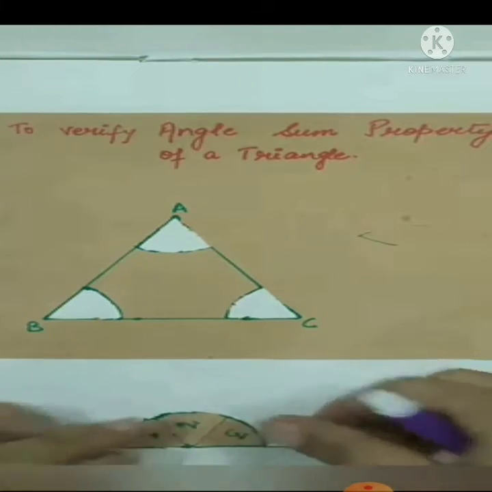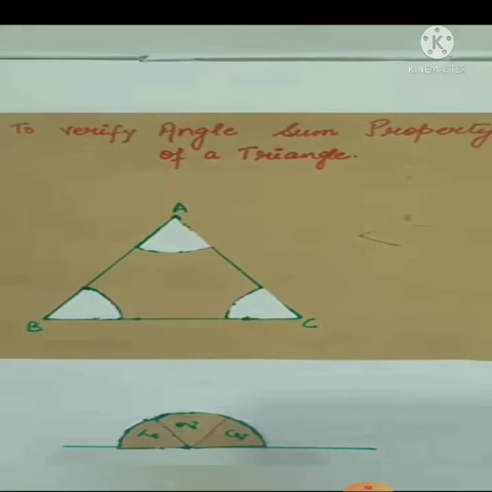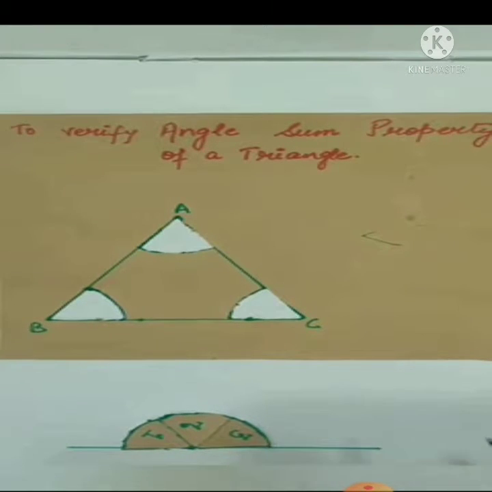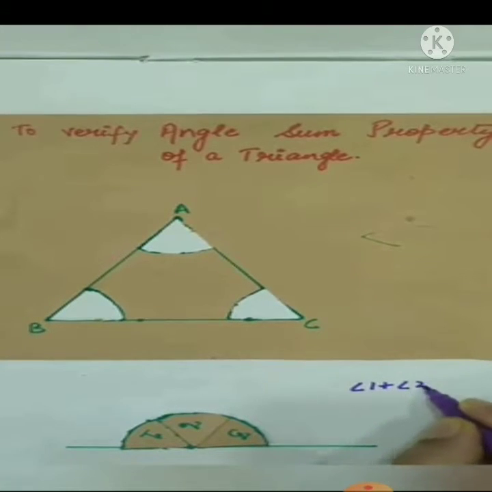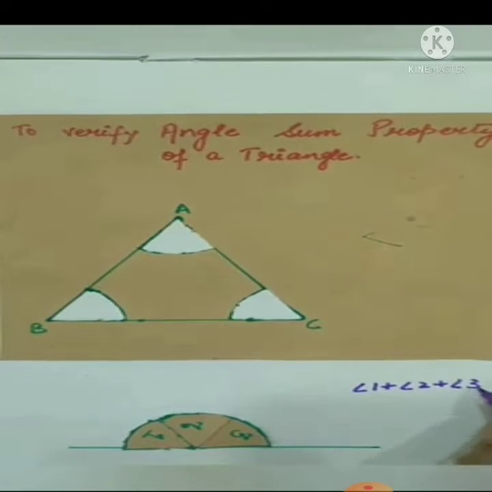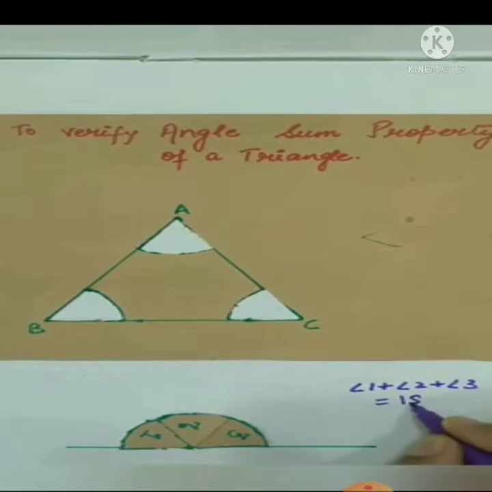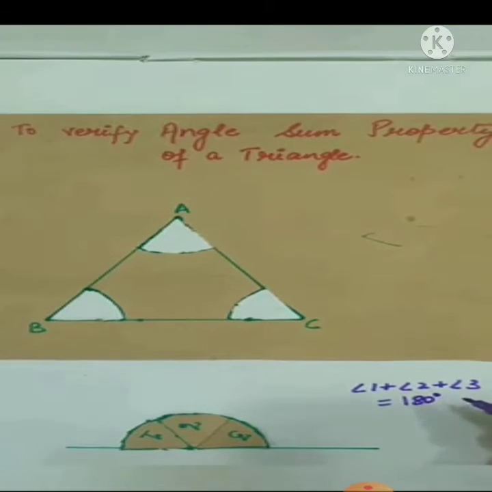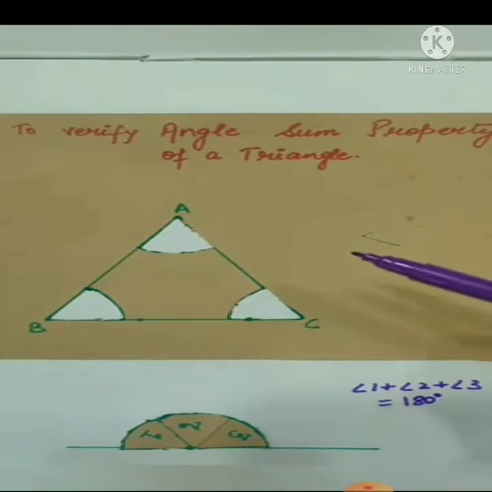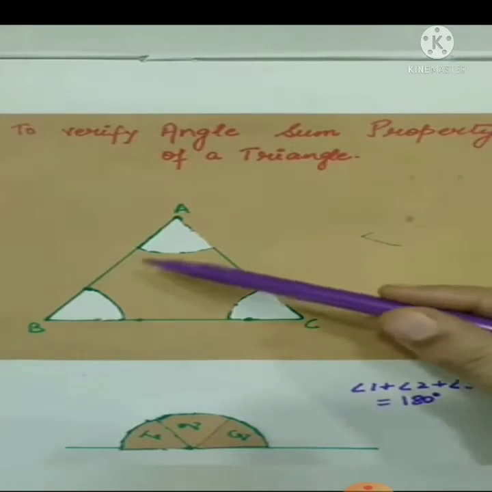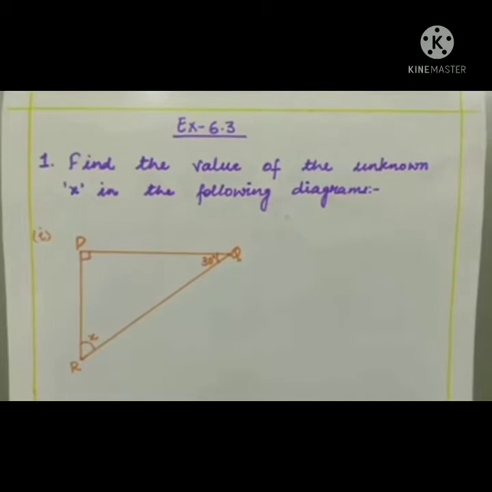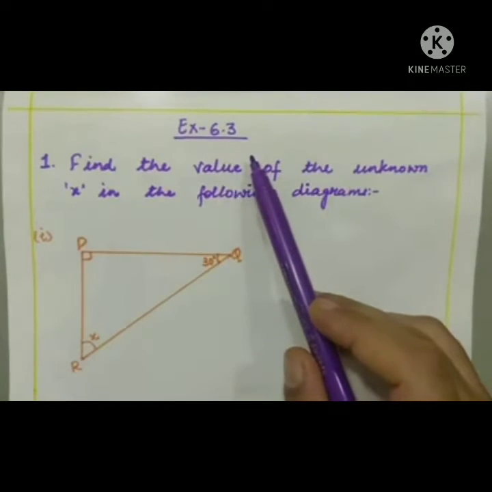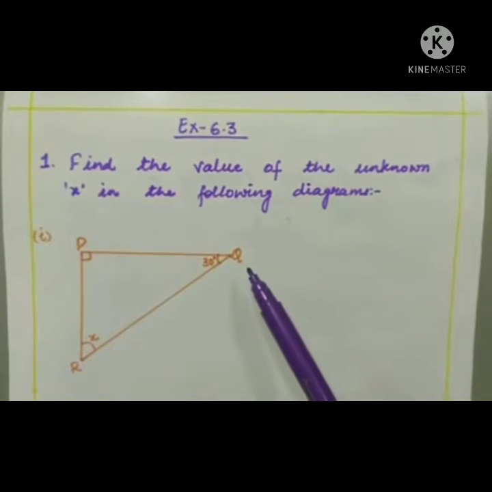So this forms a straight angle. At a straight angle, the sum of all these three angles is 180 degrees. So now we come to know that the sum of all these three interior angles of a triangle is always 180 degrees. So now we will solve exercise 6.3 based on the angle sum property.